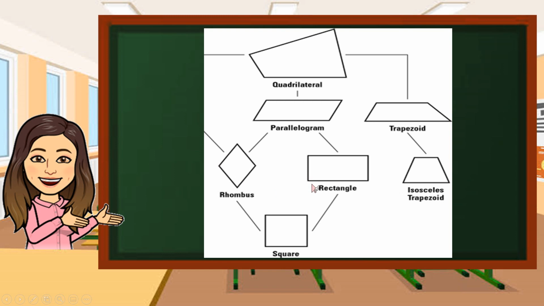However, the angles of it are like the rectangle, wherein the angles of the square are all right angles. You get it now? So again, these are all quadrilaterals.